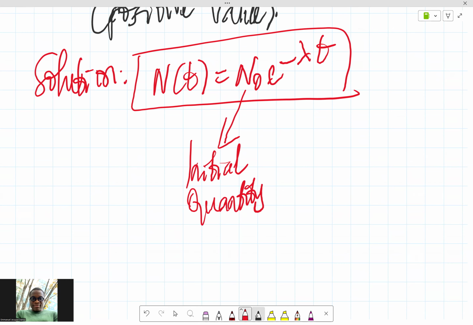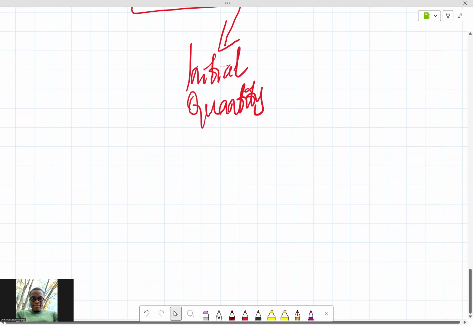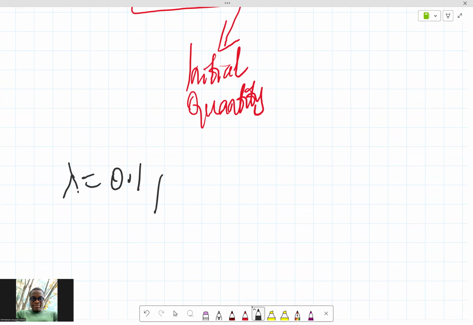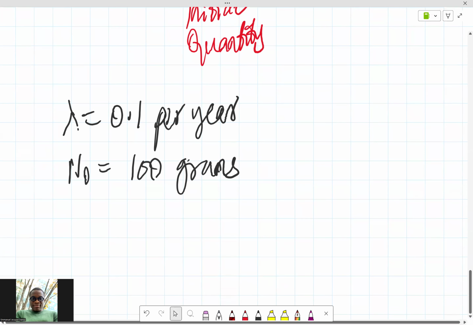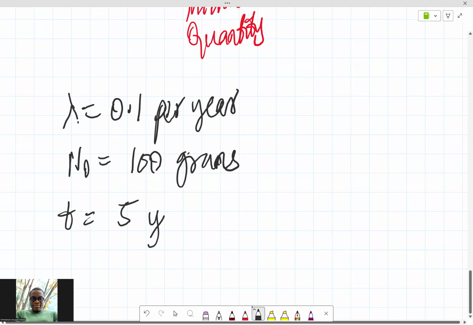If you want to look at a specific situation, for example, if a sample of a radioactive isotope decays at rate lambda equals 0.1 per year, and the initial amount of substance is 100 grams, and you give it 5 years, so T is 5 years.